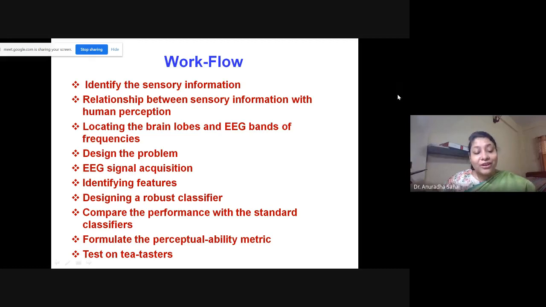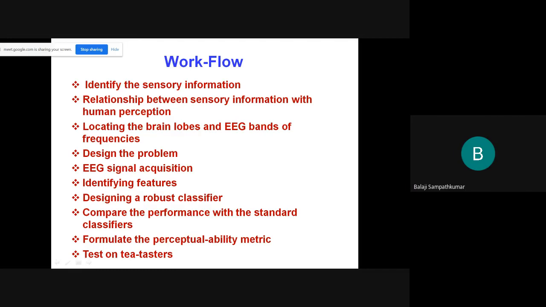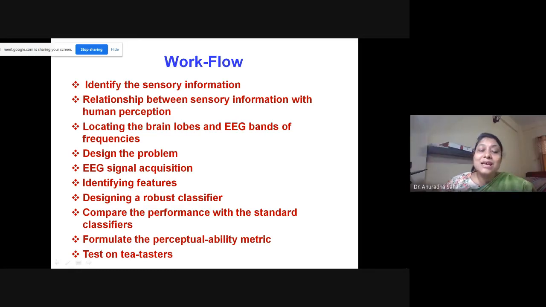If you can recall my previous lecture, there must be a kind of workflow or flow chart for how we proceed with any problem which consists of a brain computer interface. So yes, obviously this is also a brain computer interface problem where artificial intelligence is incorporated.